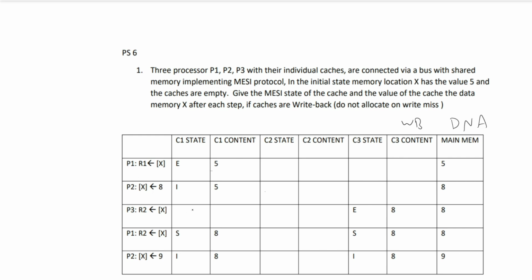So just update the cache with it and set it to exclusive. That's what happened on line 1. On line 2, we check on processor 2 if we have the address in the cache for processor 2. We don't. So that's a write miss.